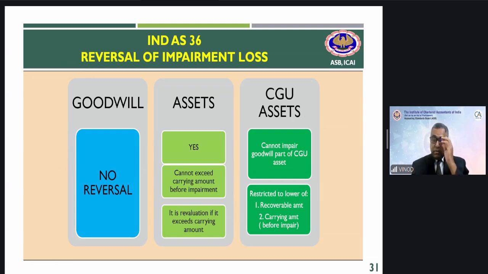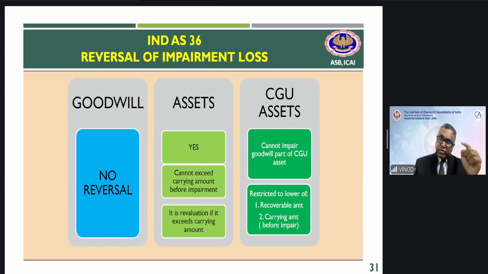Subsequently, in the next quarter, if it becomes impairment gain, you can reverse those impairment losses, but losses allocated to goodwill you cannot touch. So these are Ind AS 36 conditions we must remember.